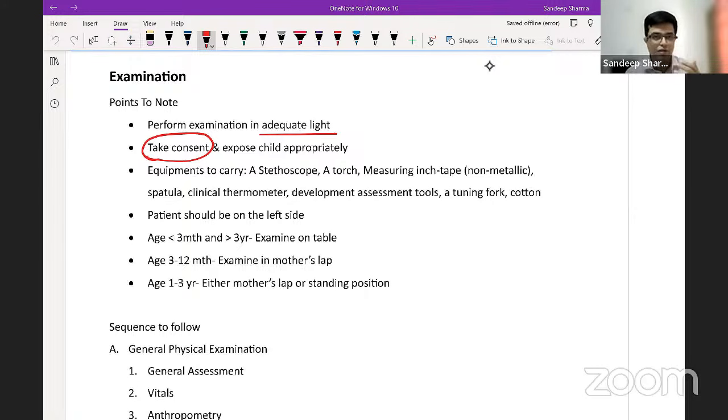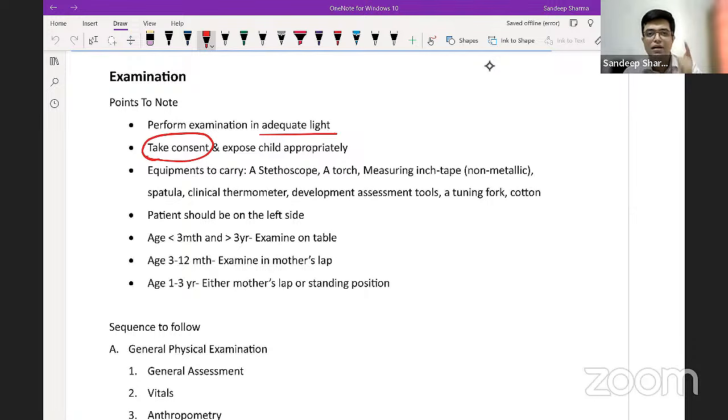And don't learn bad things or wrong practices from your seniors. Inculcate the good things, but avoid the bad things. You may have a certain idol who has all the good things, but he smokes. So take the good things from him, but avoid the smoking part. Similarly, when you are examining the patient, be courteous and ask permission from the parents.